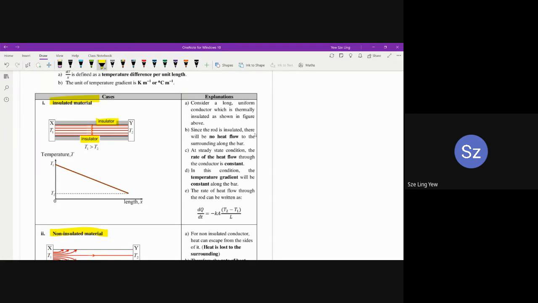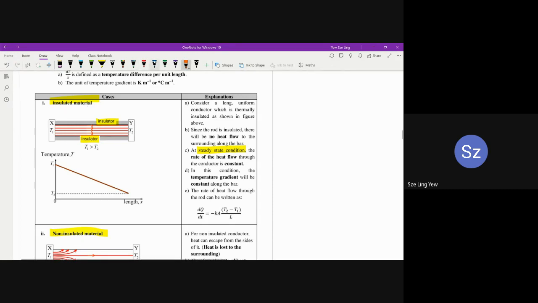Since the rod is insulated, there will be no heat flow to the surroundings along the bar. In other words, there's no heat loss, no energy loss. Therefore, at a steady state condition, the heat flow is constant. The rate of heat flow through the conductor is constant. So it doesn't matter which part of the rod you're looking at.